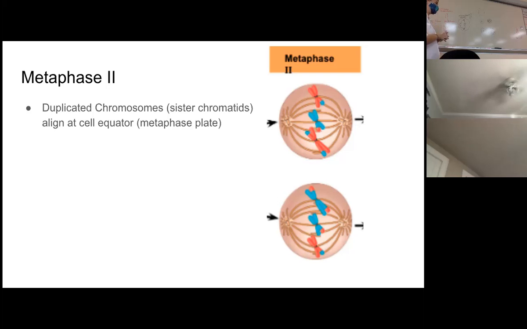We're still lining up in the middle, it's just what are we lining up? Metaphase 1, lining up our homologous chromosomes. Metaphase 2, lining up sister chromatids. If our goal is to separate our sister chromatids, that's what we need to line up to pull apart. If our goal is to separate our homologous chromosomes, that's what we need to line up to pull apart.